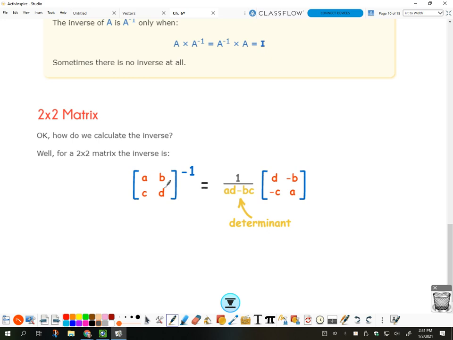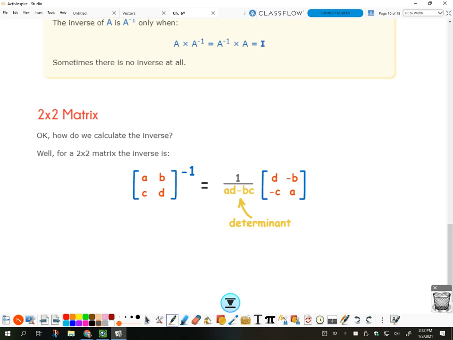If you're given this matrix, to find its inverse, you're first going to rearrange the pieces. So this diagonal switches, this diagonal changes signs. And then you multiply these minus multiply these to get the denominator for that multiplier on the outside. This is called the determinant, but we'll talk about that in the next lesson.